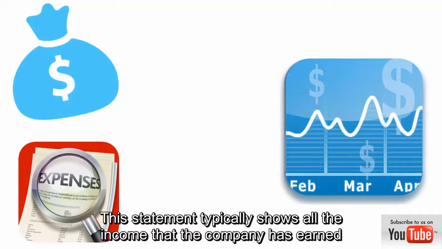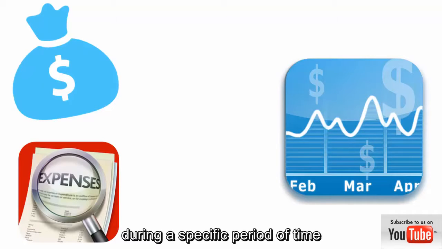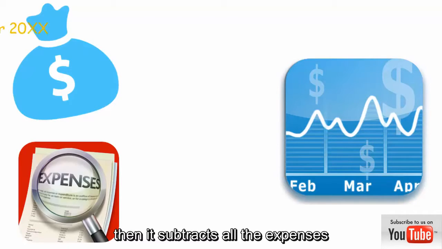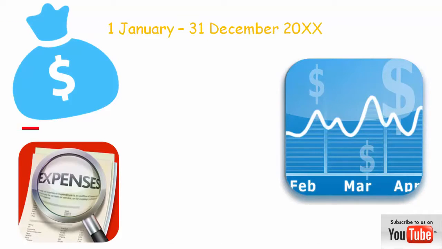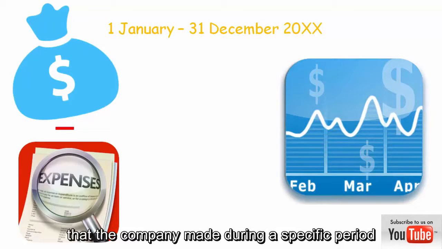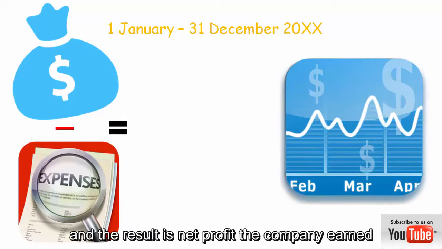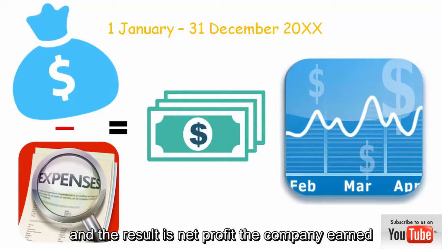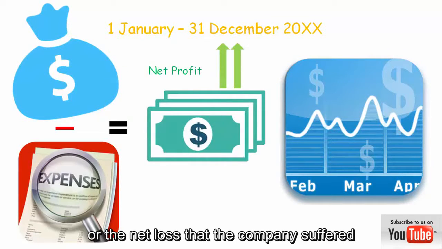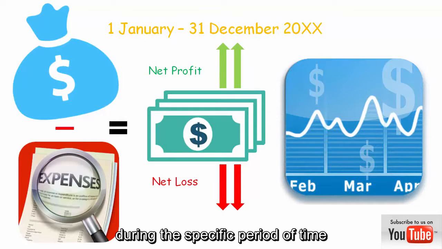This statement typically shows all the income that the company has earned during a specific period of time. Then it subtracts all the expenses that the company made during a specific period, and the result is the net profit the company earned or the net loss that the company suffered during the specific period of time.